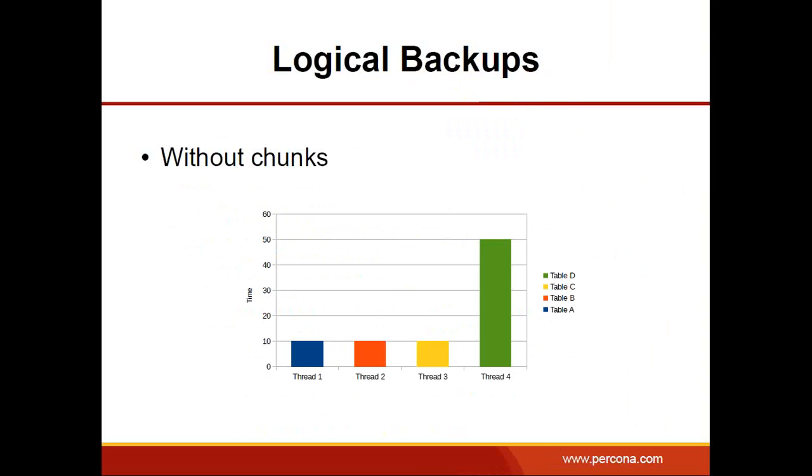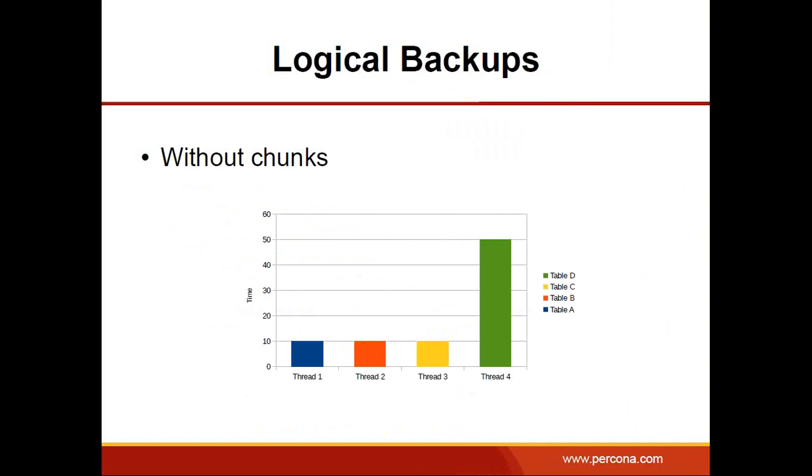As I mentioned, the chunks option on Mydumper is very interesting. Here you can see a small example. These are not real values, but they are good to see how chunks work with Mydumper.